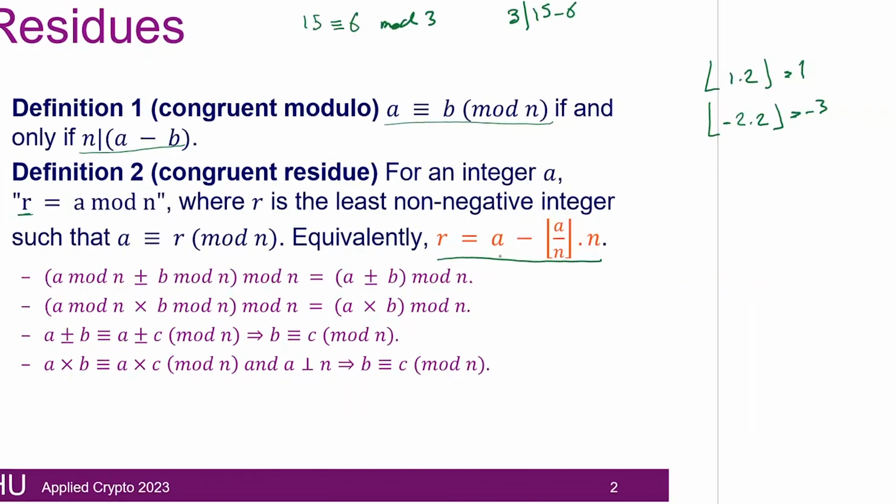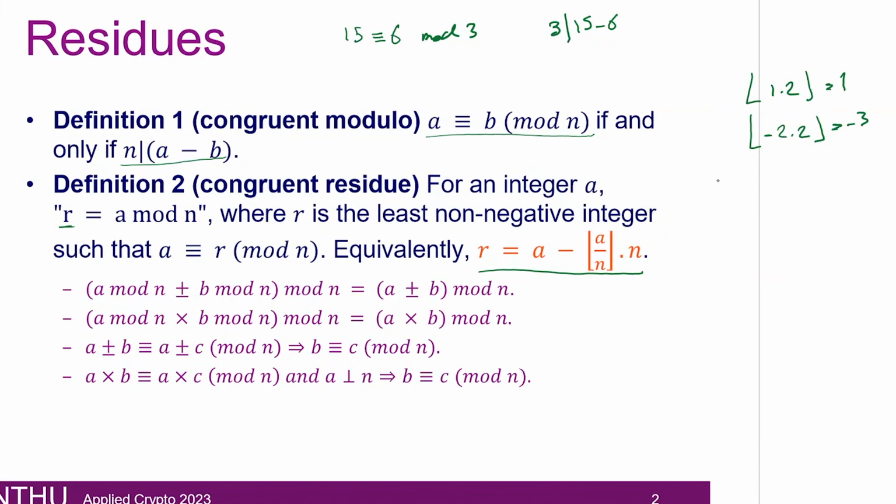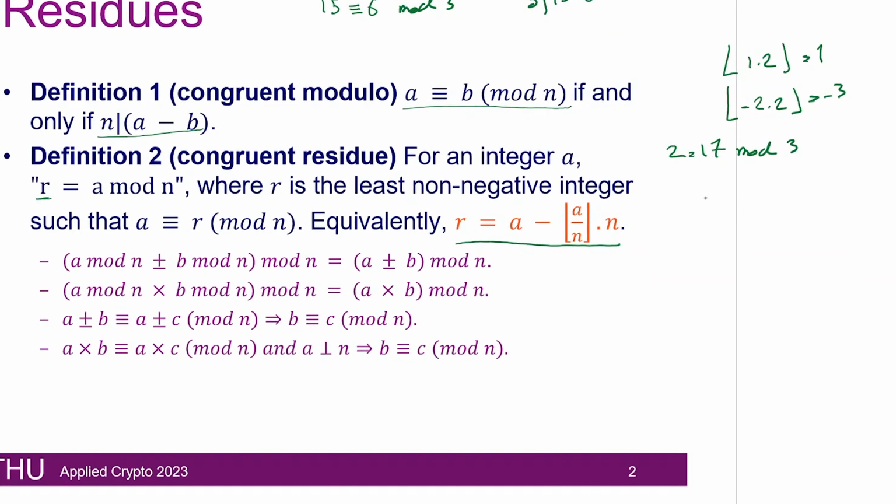So now if I ask you, I know that 17 mod 3 becomes 2. The remainder is 2, right? Because 3 times 5 is 15, and then the remainder is just 2. So according to this relationship, I can say that 2 equals 17, which is my A, minus floor of 17 divided by 3, times 3, right?